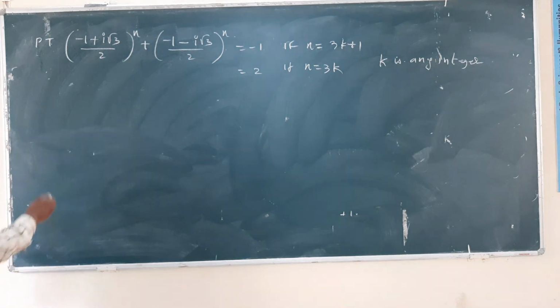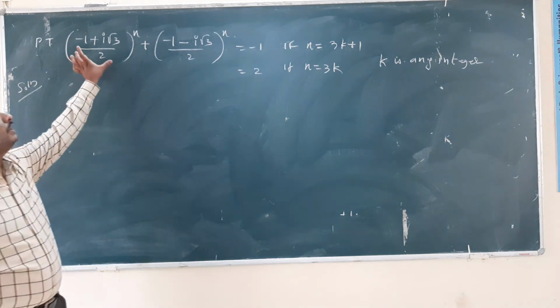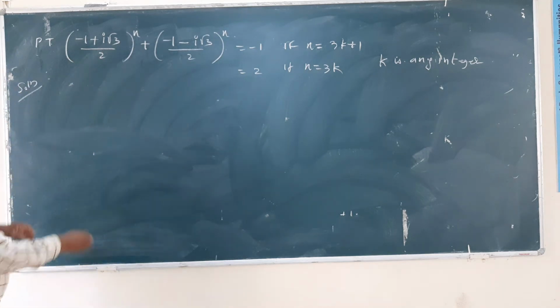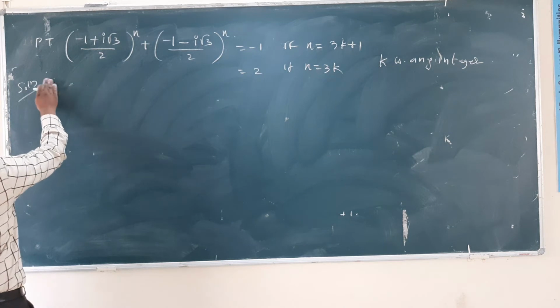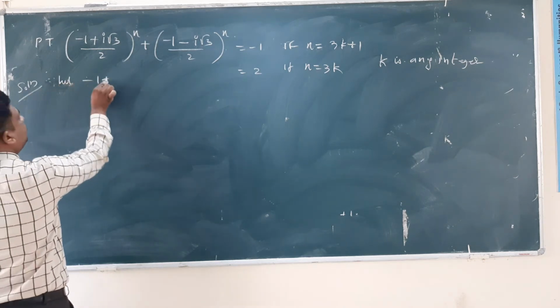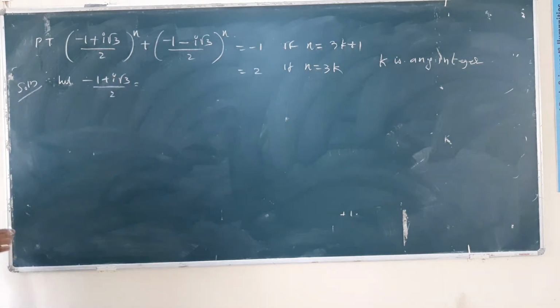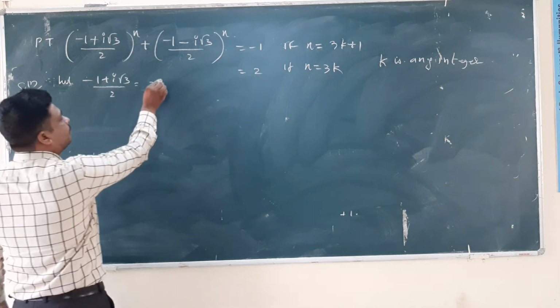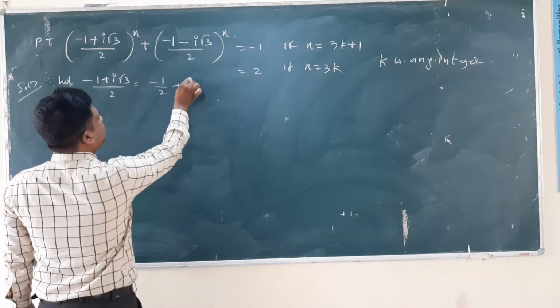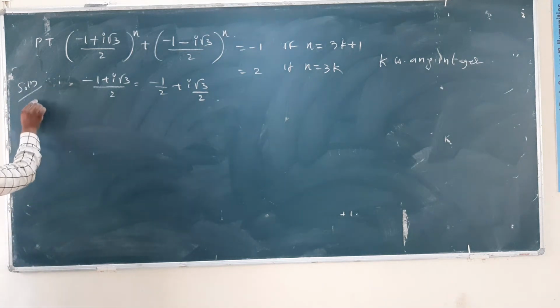So let's simplify this one. Solution. First I will convert this function to polar form. So let (-1 + i√3)/2 be written as -1/2 + i into √3/2.